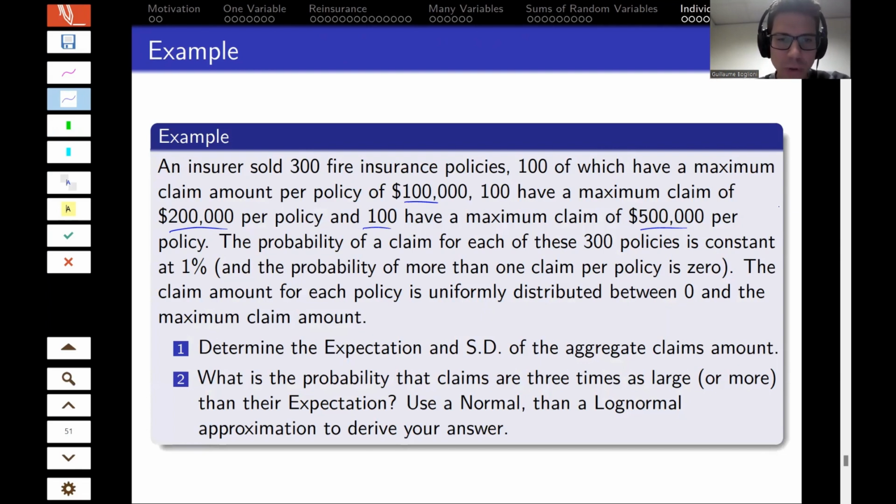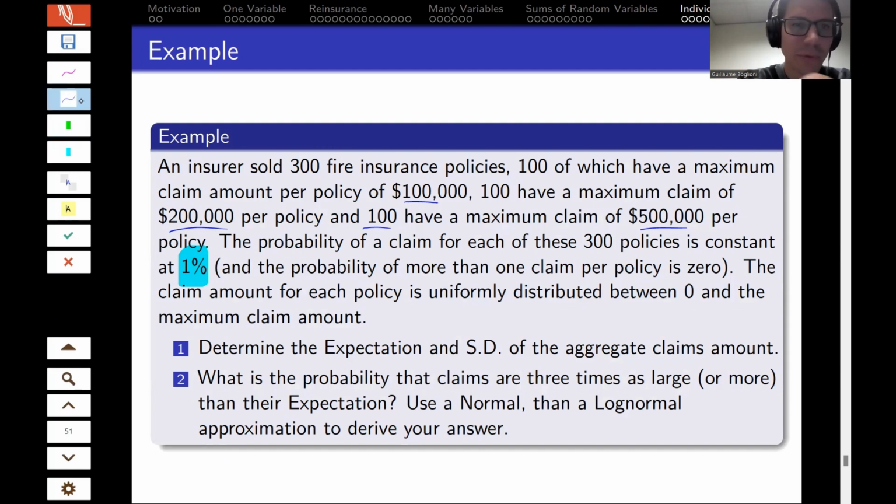On every one of those policies, the probability of a claim is just 1%. So every policy has a 1% chance to claim, but the size of those claims is going to be different. The claim amount for each policy is uniformly distributed between 0 and the maximum claim amount.